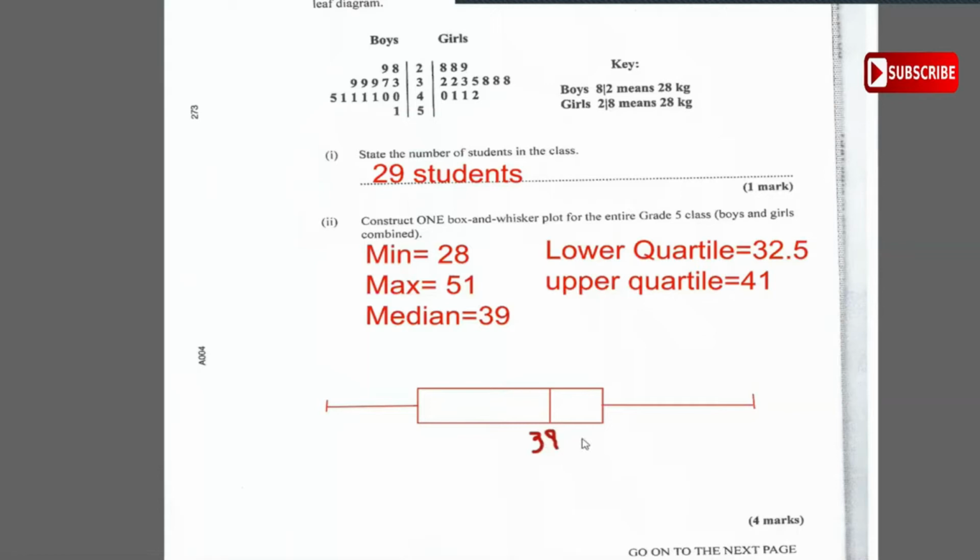As we saw, the median is 39, the upper quartile is 41. The lower quartile right here is 32.5. And then the highest mass is 51, and the lowest mass right here is 28. So this is the box plot. Nice and easy.